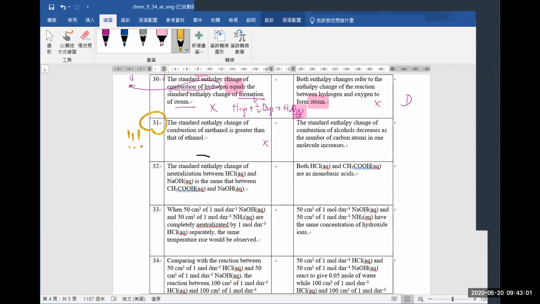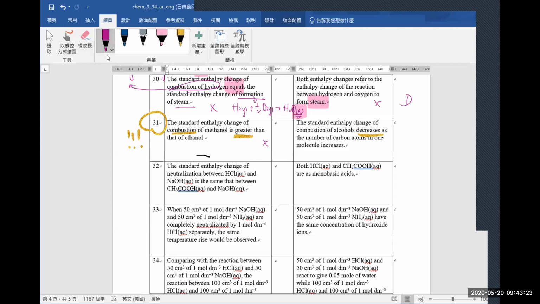Now it's very, very confusing, I must tell you, because if you talk about standard enthalpy change of combustion, you talk about comparison of values, we seldom use the terms greater than or less than, and also the term decrease, right? It's rather confusing. Do you know why?